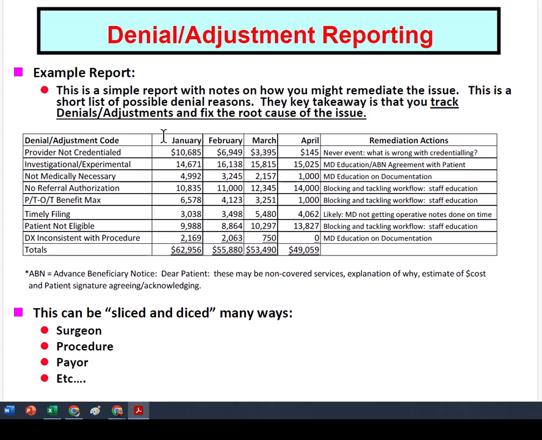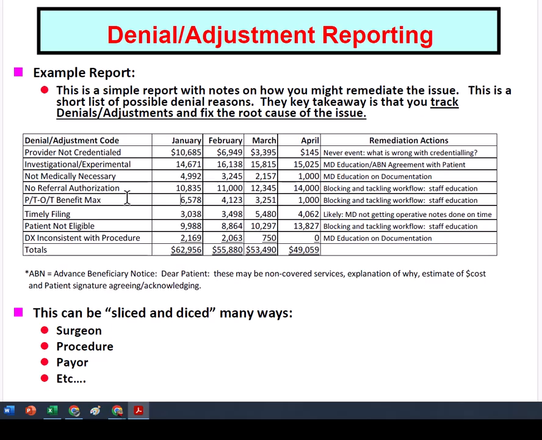Not medically necessary. Okay, that's usually a documentation issue. The physician hasn't adequately documented the medical necessity. Okay, all these other things, no referral authorization, that's a failure of the referral authorization department. Let's get some staff education.